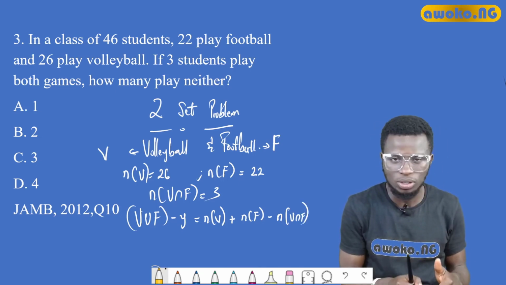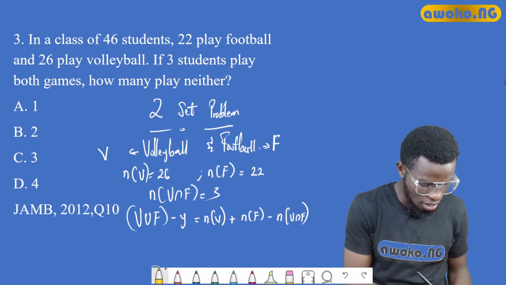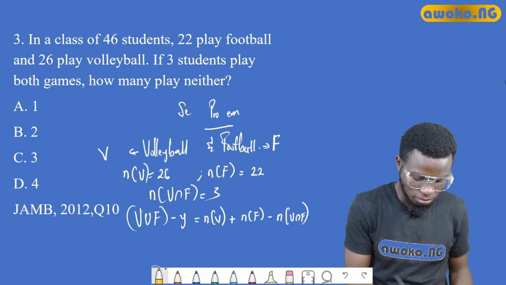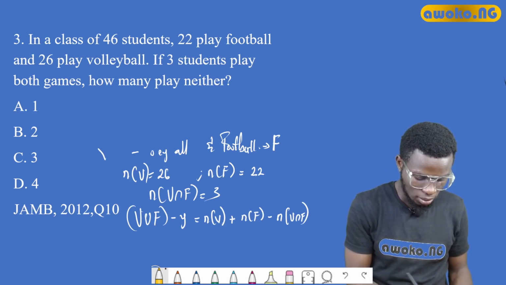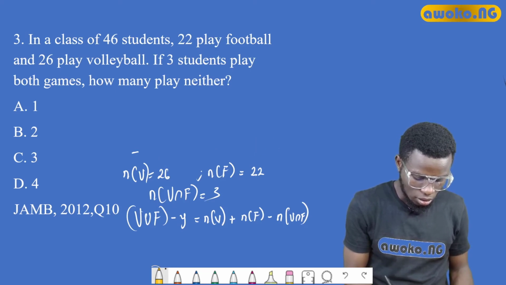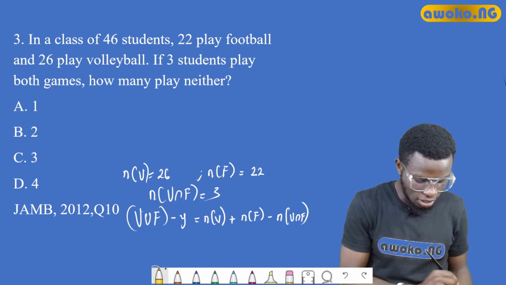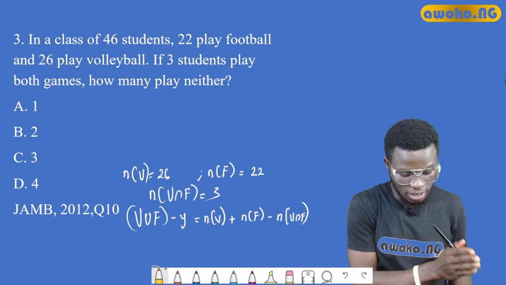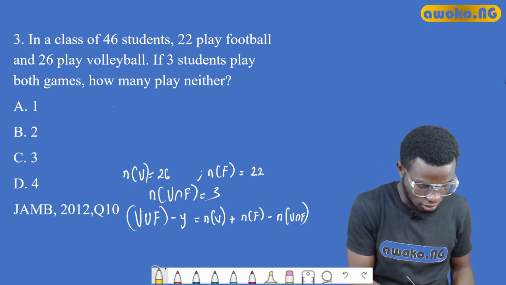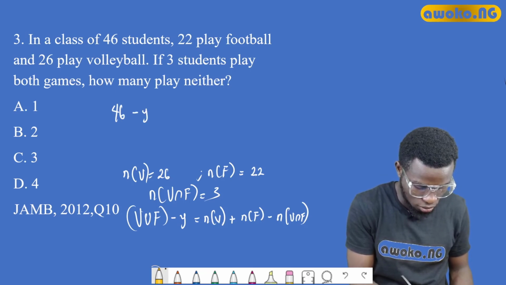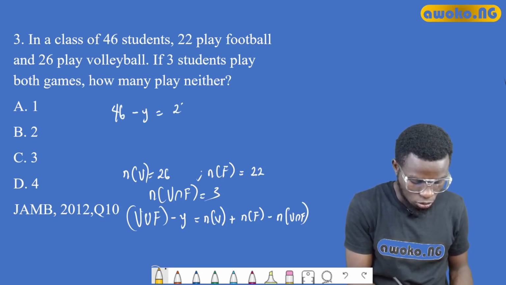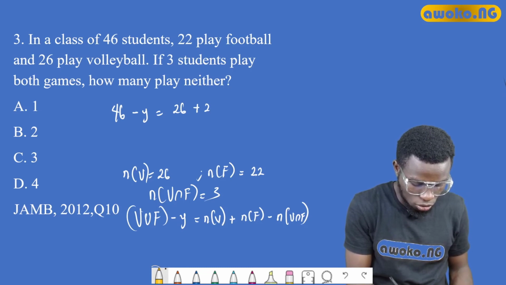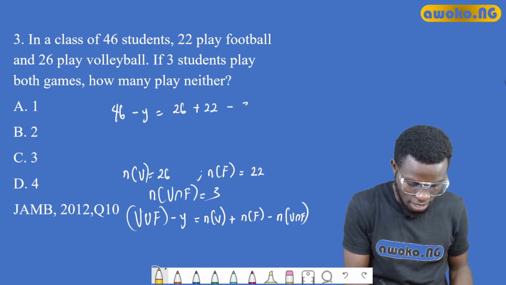The universal set is 46, so n(V union F) is 46 minus Y, which is equal to 26 plus 22 minus 3.